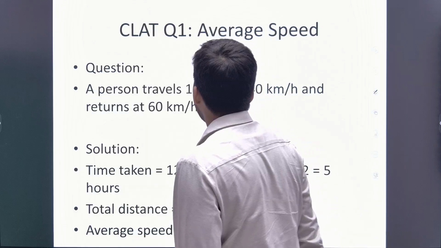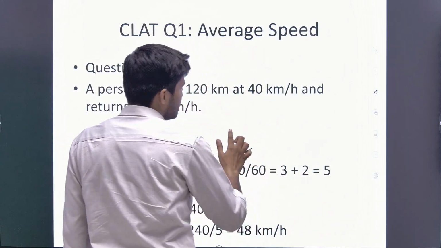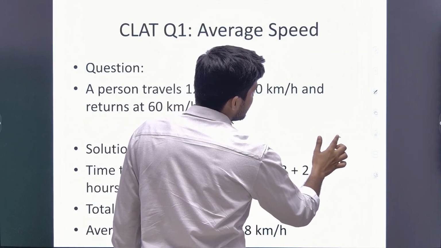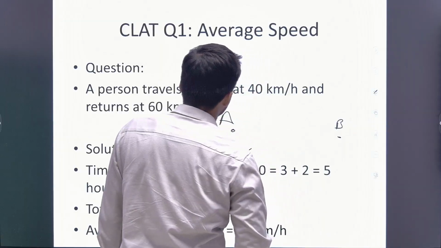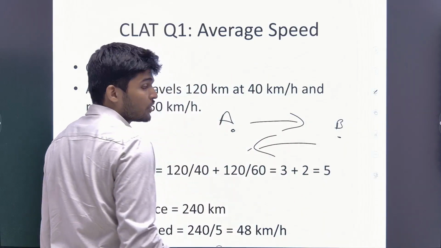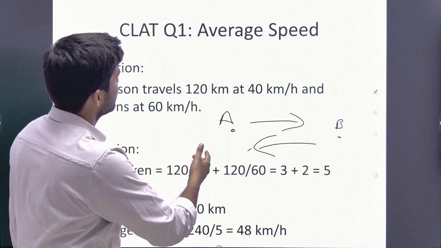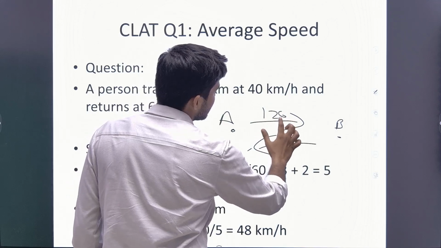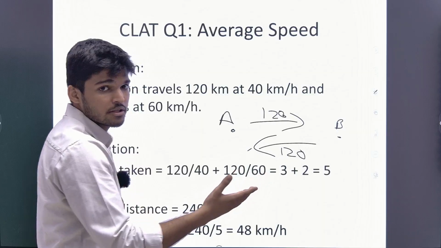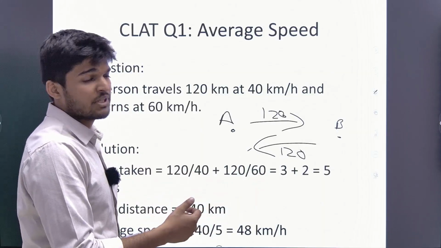So, let's assume the person is moving from point A to point B and also returning. So the total distance would be, we have been given that this is 120, and this obviously would also be 120, as the person is returning the same distance between the same two points.